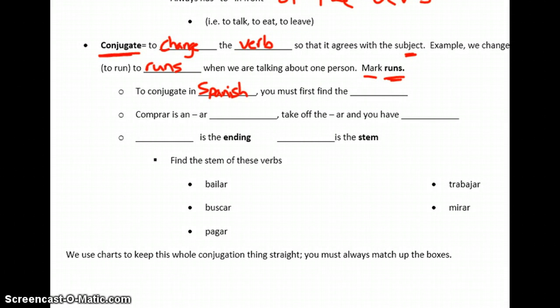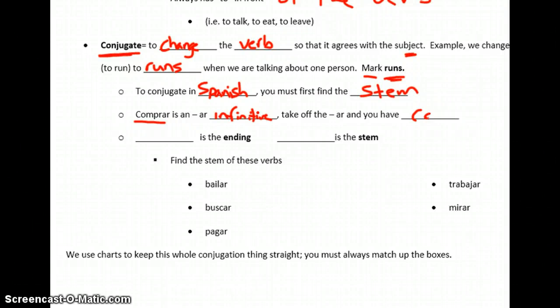But to conjugate in Spanish, you must first find the stem. So, for example, here's comprar, which means to buy. It's an AR infinitive. And then we're going to take off the AR.